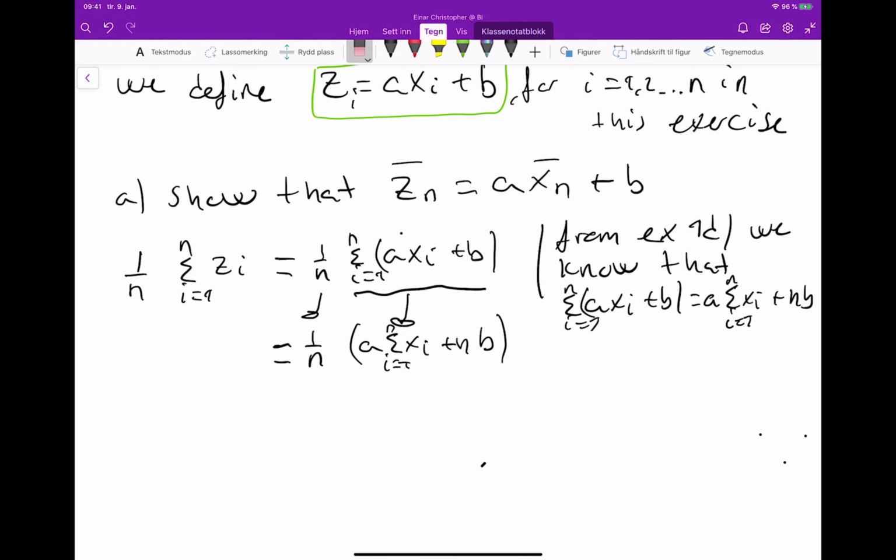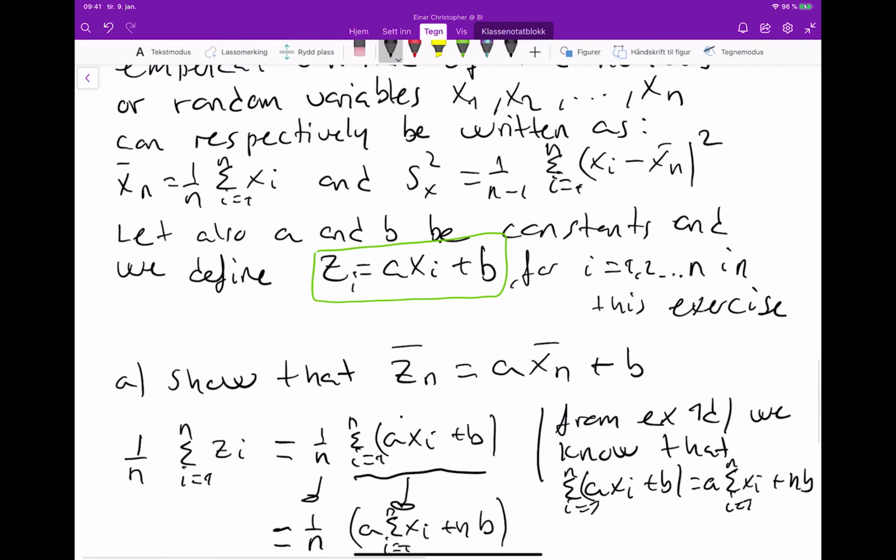Okay. And then it's not very much more to do otherwise than multiply 1 divided on n into the parenthesis. So we get this to be equal A times 1 over n sum xi, i equal 1 to n, plus 1 over n times nb. And then we see that this first term can be written as A times the empirical average of the x's.